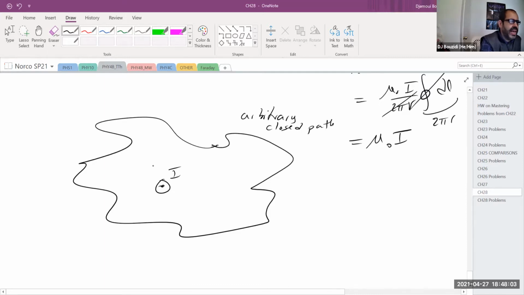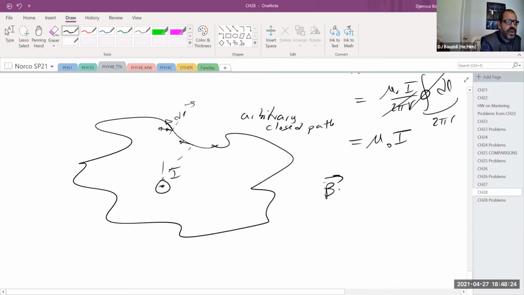Okay? So what I'm saying in here is the magnetic field is always going to be in this angular direction. So in here, it's going to be in this direction with respect to this one, whereas dl now has two components, one that is radial and one along the angular direction.